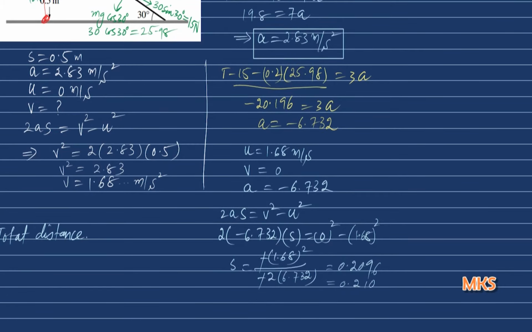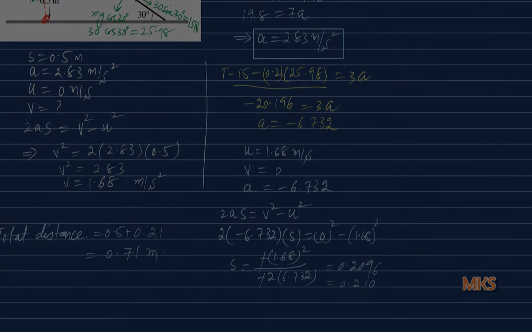So the total distance will be 0.5 plus 0.21, which is 0.71 meters. That's all.